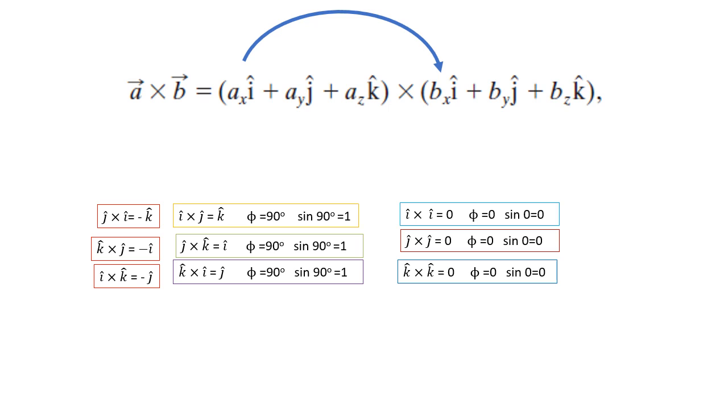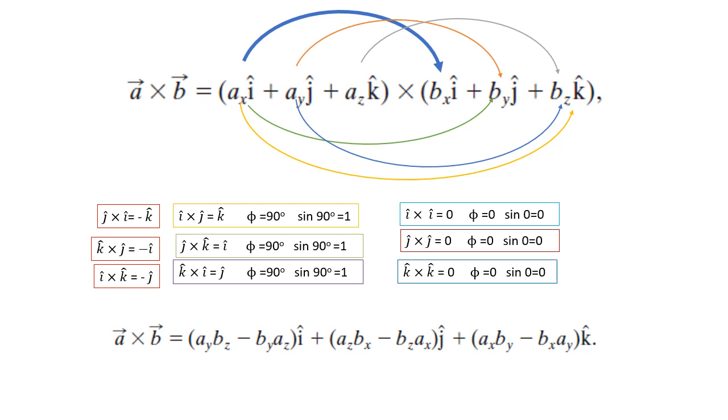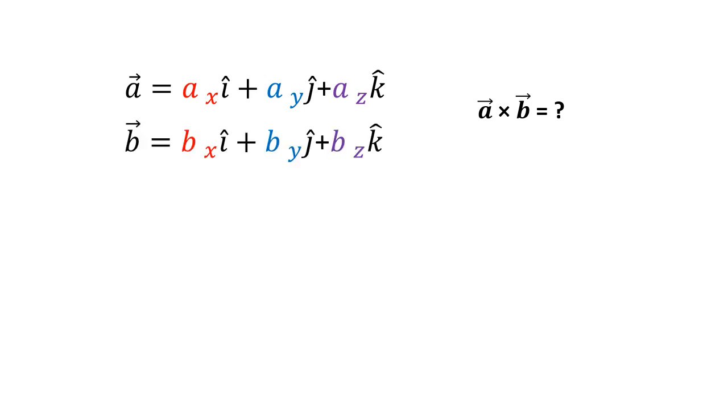So if you multiply all of them, what will you get? There is an easy way to find out, and I will show you how to get it. Here there is a vector a and a vector b, and we want to find a cross b.